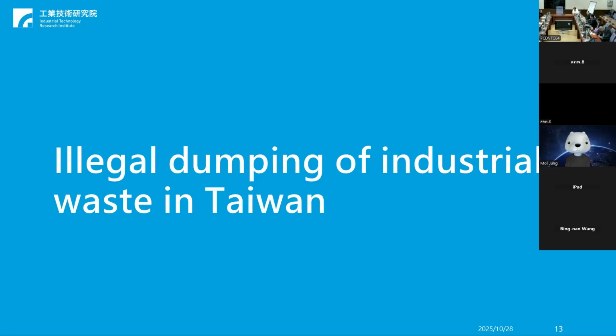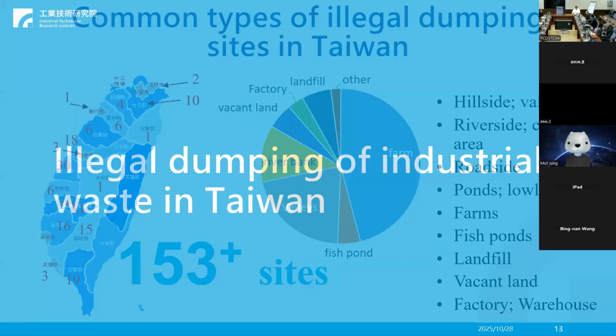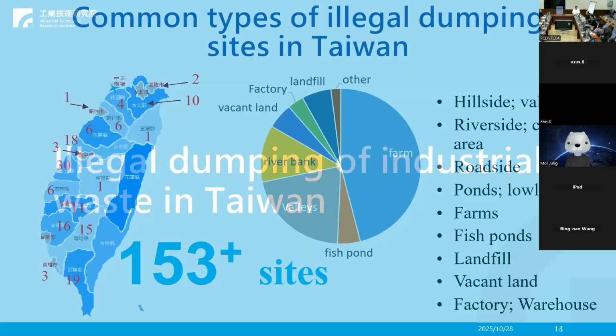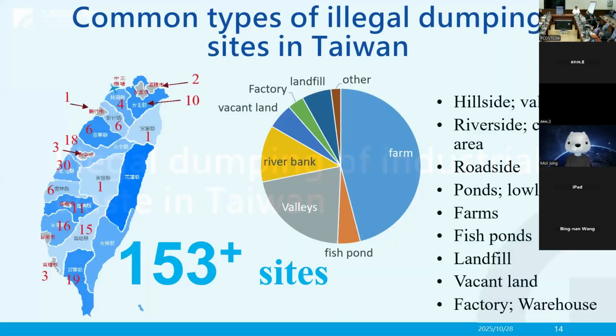And despite the regulations, illegal dumping is still a significant challenge in our country. We have identified over 153 sites across Taiwan in the data from 2011, and the dumping locations are highly diverse.